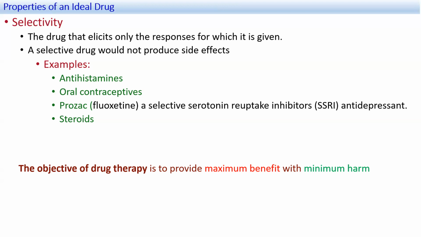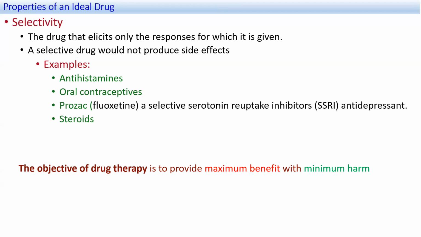If a drug controls blood pressure with no other reactions or adverse effects, then it is extremely selective. So a selective drug would not produce side effects.